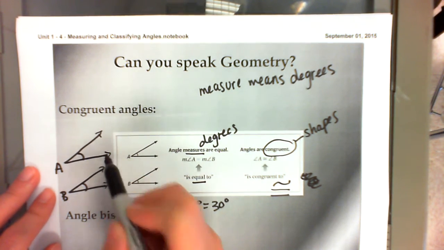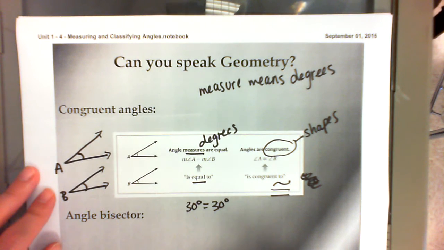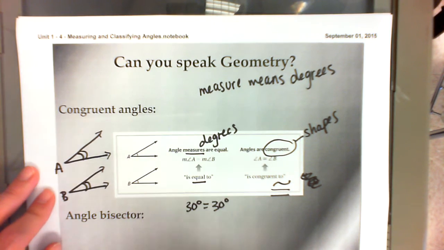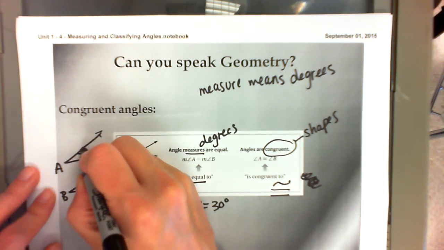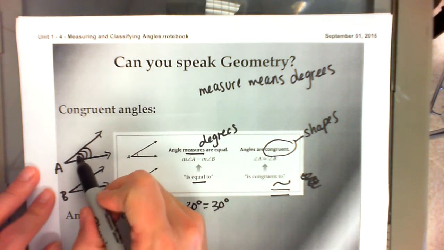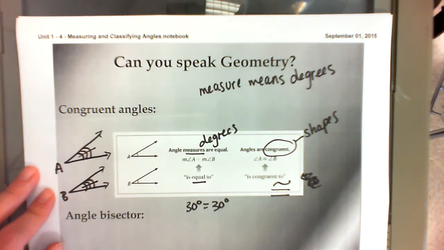So that's some of the notation. As long as the arches match, that means the two angles are congruent. So if angle A had two arches and angle B also had two arches, those are congruent. If angle A had three arches and angle B had three arches, that's another way to say they're congruent. You could even put a hash mark through it if you wanted to. Depends on how many angles you have.